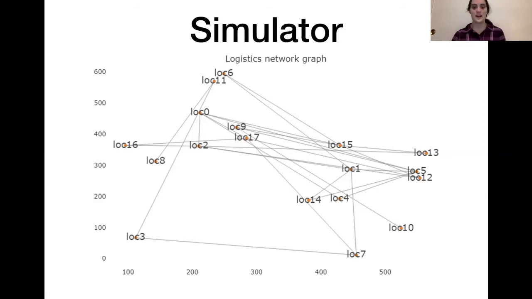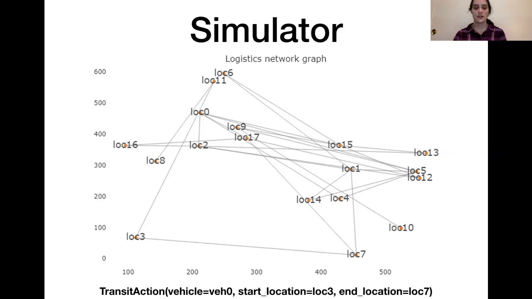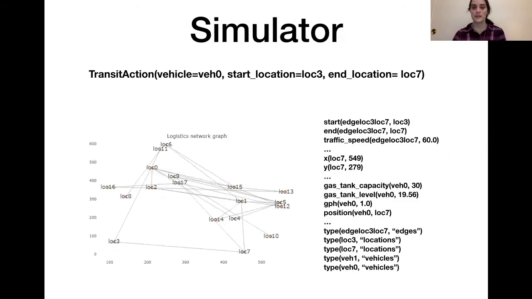The simulator has two operators, a transit operator and a refuel operator. You can see this is an example of the state of the system after the transit action at the top. Each fluent is a state variable where the final argument is the value of the state variable.